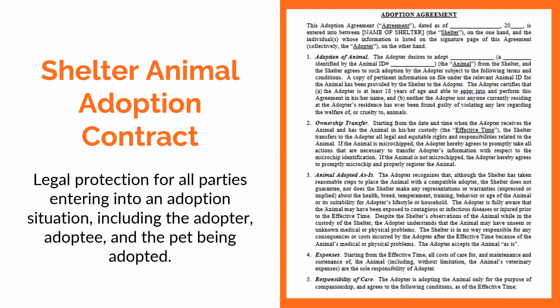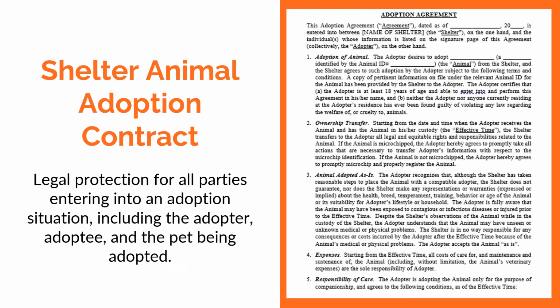So the question is, where does a shelter animal adoption contract fit into all of this? Well, since pets are considered private property under the law in the US, the purpose of an adoption contract is to provide legal protection for all parties involved in the adoption, whether that's the adopter, the adoptee, like a shelter or a rescue, and the pet being adopted.